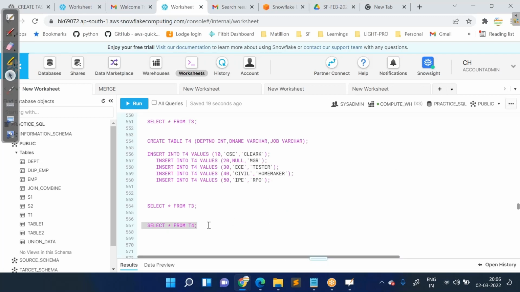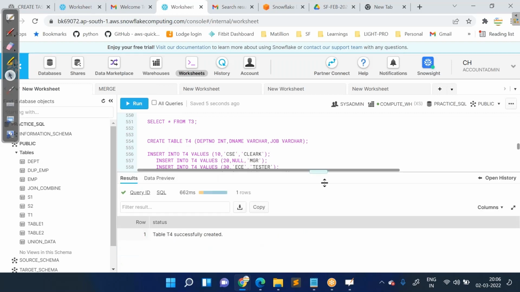How to remove duplicates? Create or replace table T4 as select distinct star from T4. That's it, right?